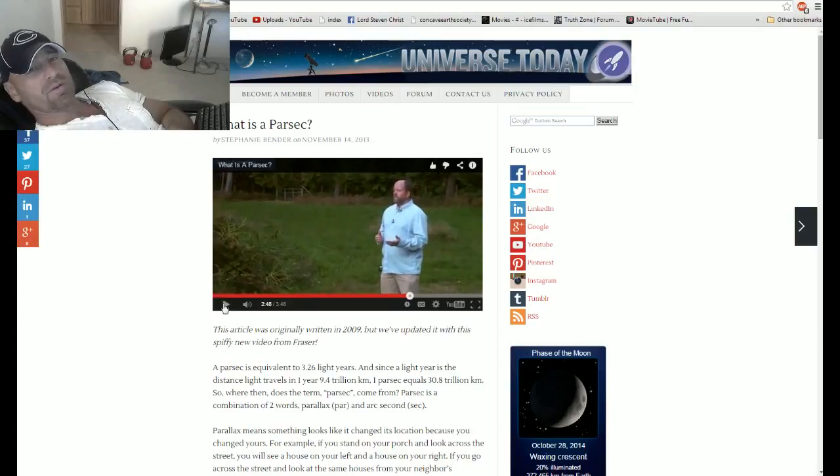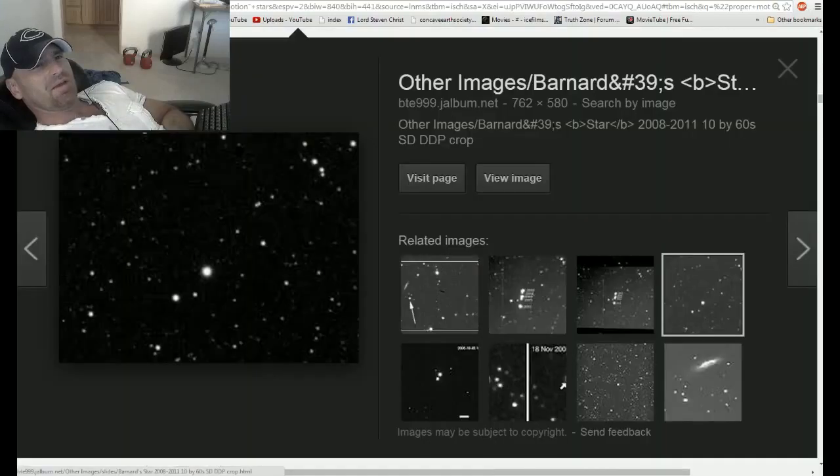So Proxima Centauri, you should be able to see satellite imagery or telescopic imagery of Proxima Centauri going back and forth. Now there's another thing I was discovering. They call it proper motion. Proper motion of stars. It just shows the stars moving, but I have a problem with this because I don't see any back and forth motion of stars.